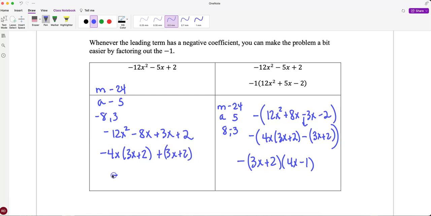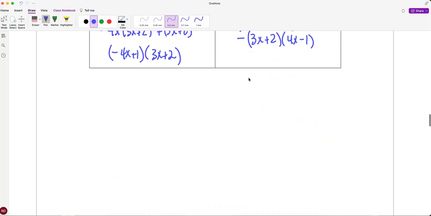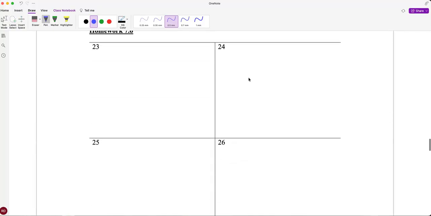So this is negative 4x plus 1 times 3x plus 2. It just means you've got a negative in front of your x term, and that is equivalent. If you distributed that negative to that parentheses, you get negative 4x plus 1. It is just easier if you make the coefficient of the x squared term a positive number, okay?